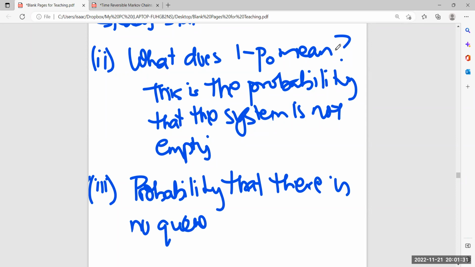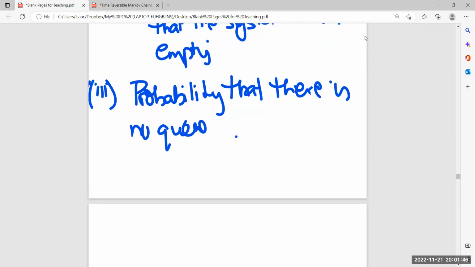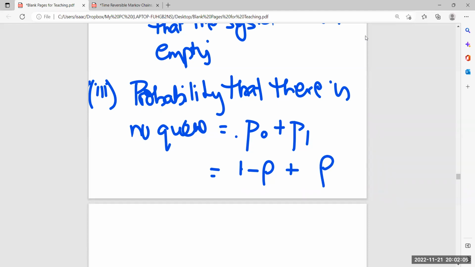So this is P0 plus P1, right? We had P0 as 1 minus rho, and P1 as rho times P0, which is 1 minus rho.